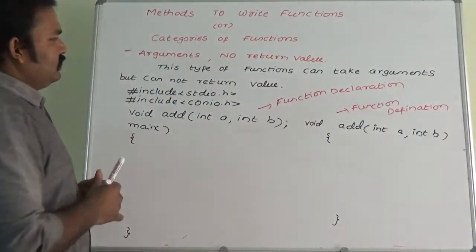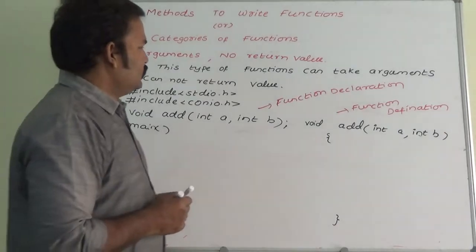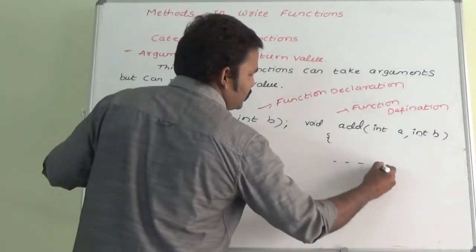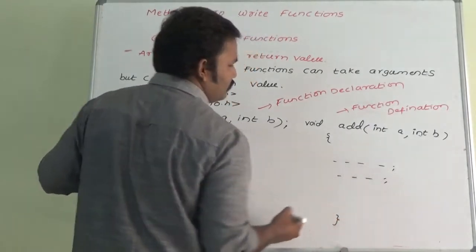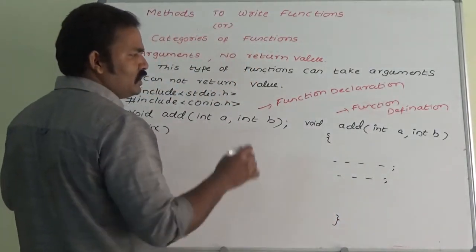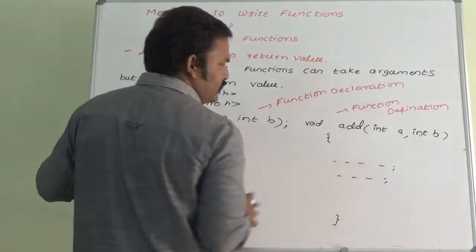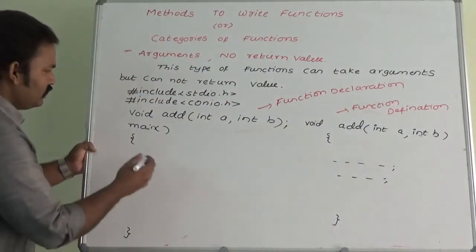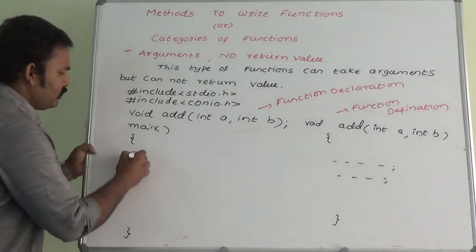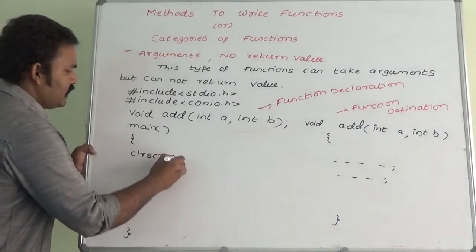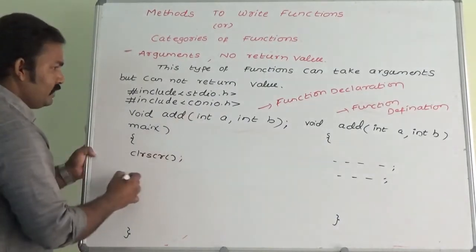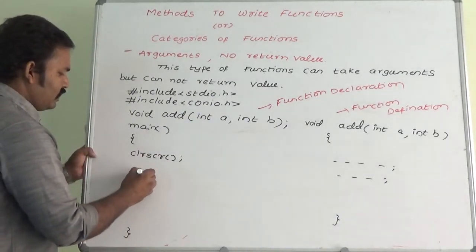We know a function is a block of statements that gets executed on calling. To execute this function, we have to call it. In the main function, first I am writing the clrscr function to clear the output screen. Then I am writing the function call statement add.